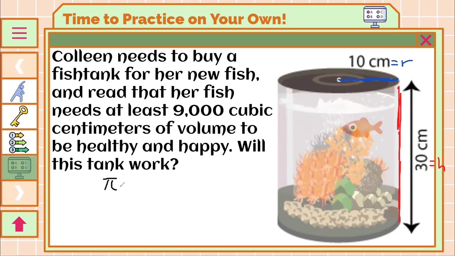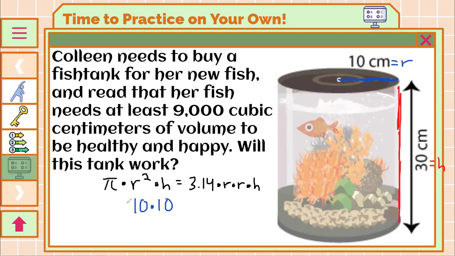From here, if you took the formula, which again is pi times radius to the power 2 or squared times height, which again you could rewrite as 3.14 times radius times radius times height. If you need to set up that formula, you are doing good so far. If you then chose to replace your radius with 10, because that was the radius they gave us, so that's 10 times 10, and the height as 30, so times 30.